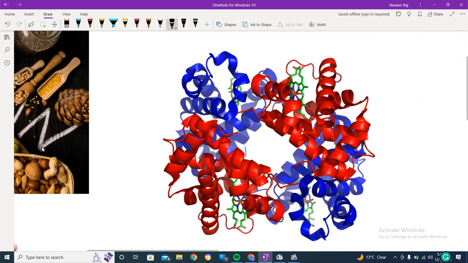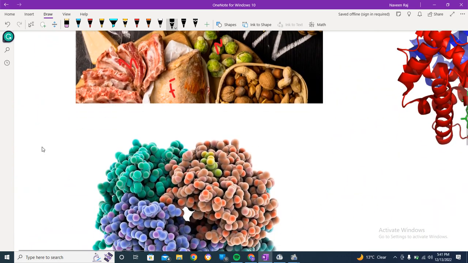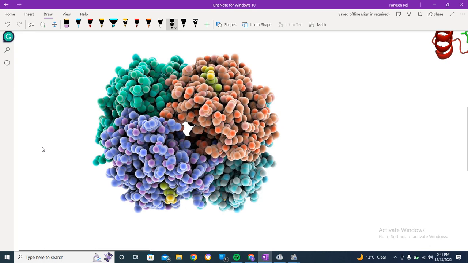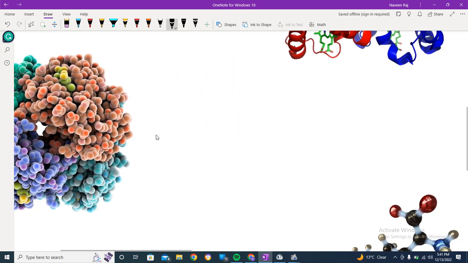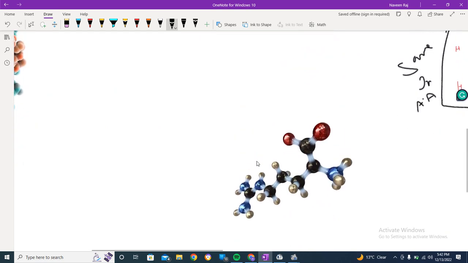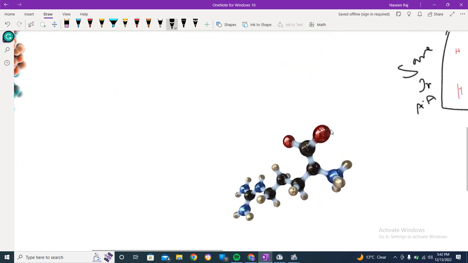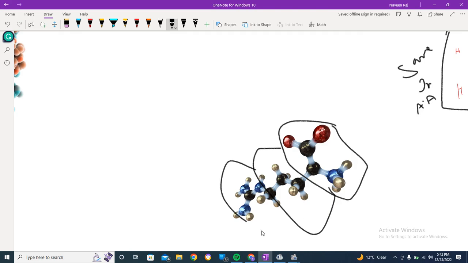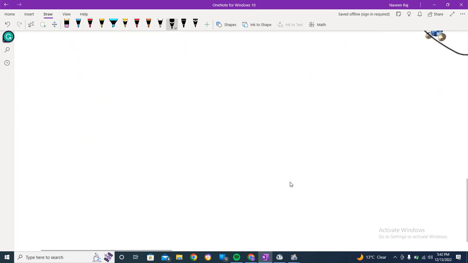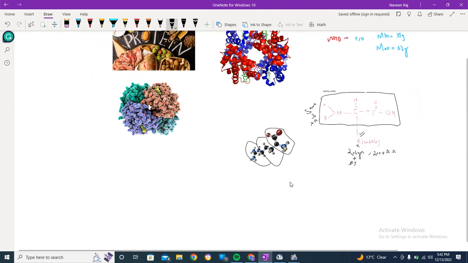This is just an overview, so you should know that these things exist. Here you can see this is a different shape, and these are just animated pictures. Suppose this is one amino acid group, this is the second one, this is the third one, and they combine in a way like this.